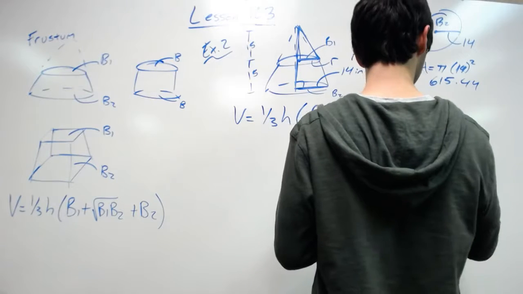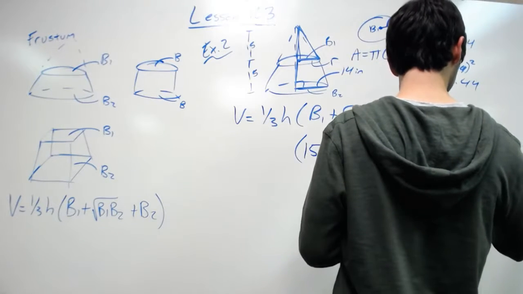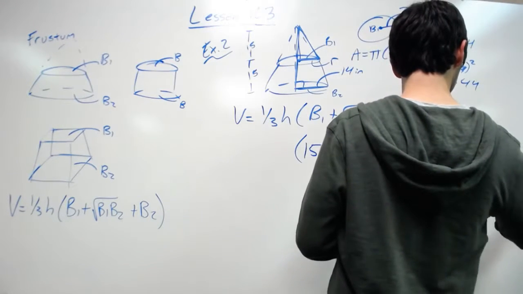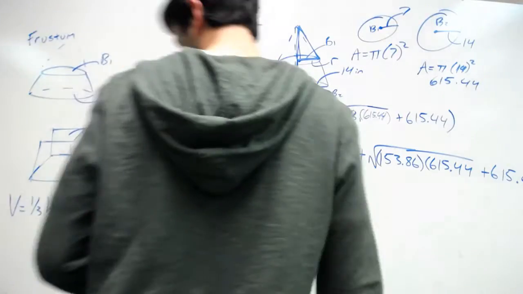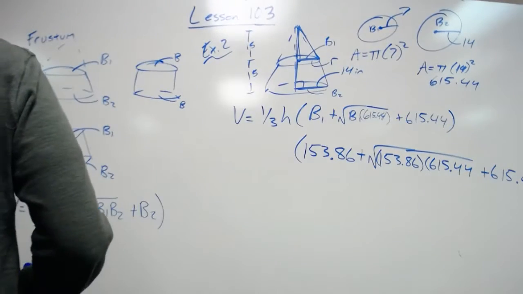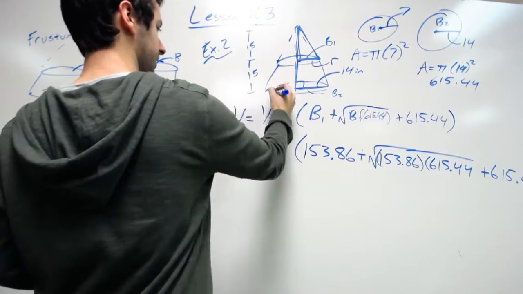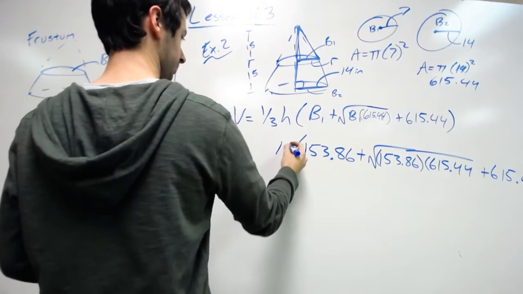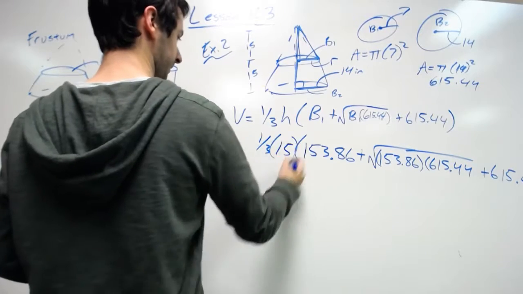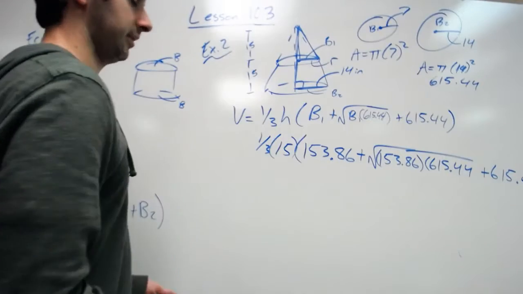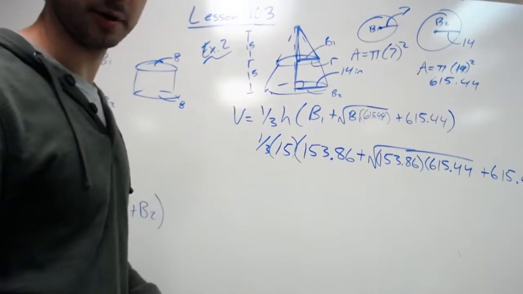And it looks like a monster here. Now the rest you're just going calculator on this mess. For the height, we only use the height of the frustum, so the height from here to here is just 15. So replace that with a 1/3. All right, now the calculator problem begins.